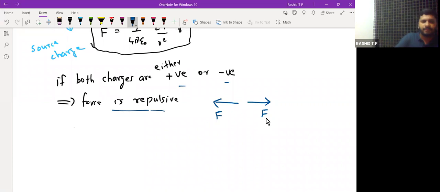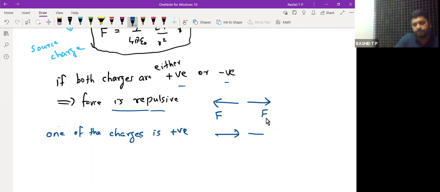Now, if one of the charges is positive and the other negative, there will be an attractive force, and this arrow represents the attractive force.